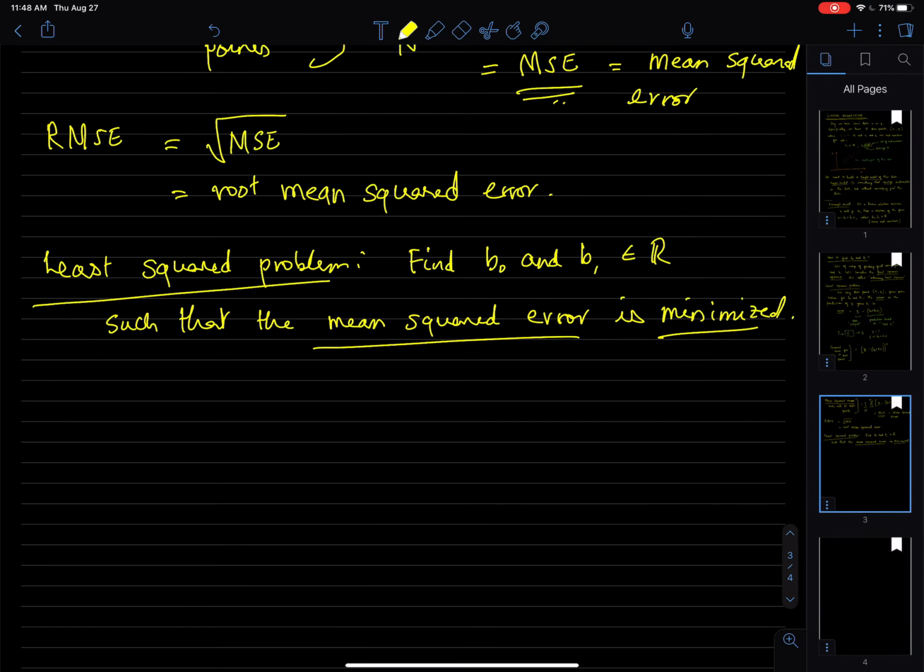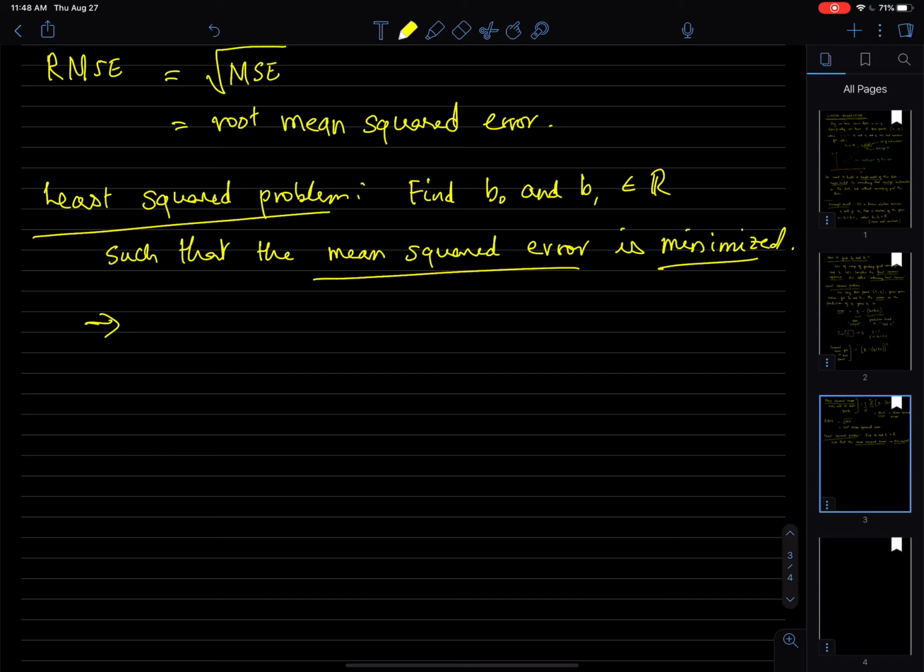And when we use the word minimized, we don't use it in the context of informal English, like reduced, but we mean as small as possible, absolutely. That's what we mean.